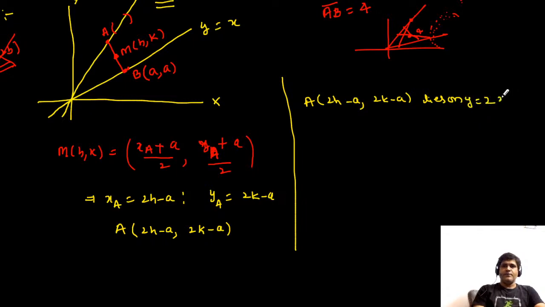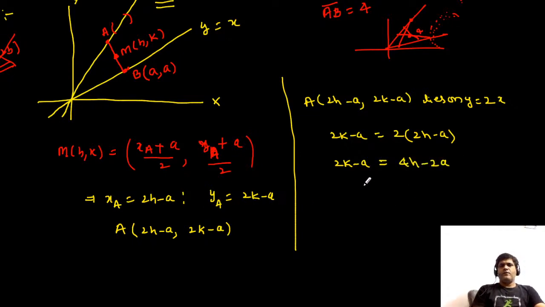Therefore substitute y equals 2x, then it satisfies, that is 2k minus a equals 2 times x, which is 2h minus a. That is 2k minus a equals 4h minus 2a.